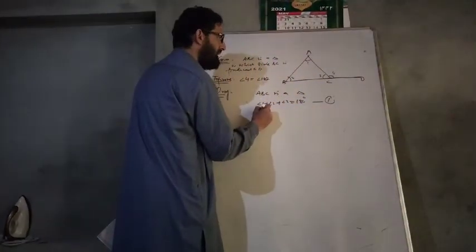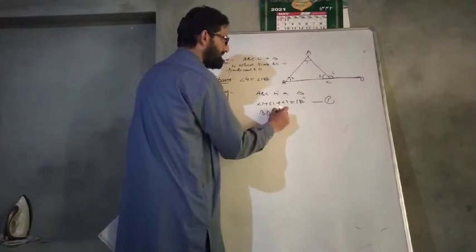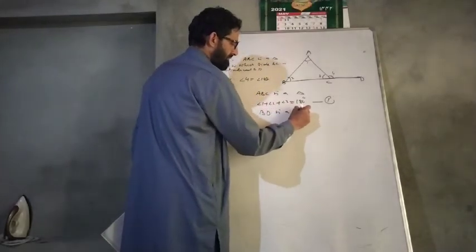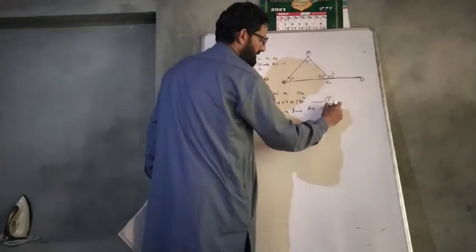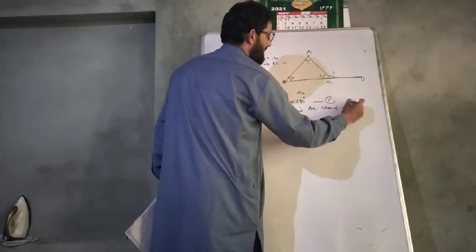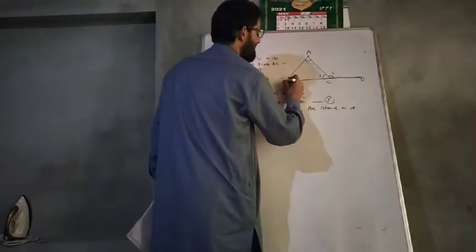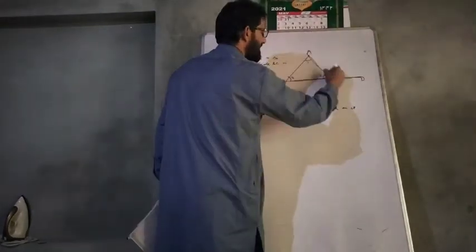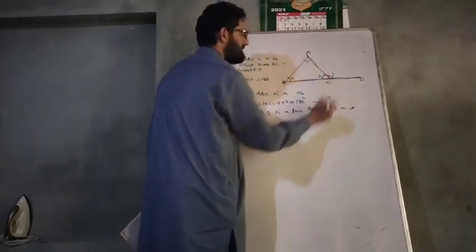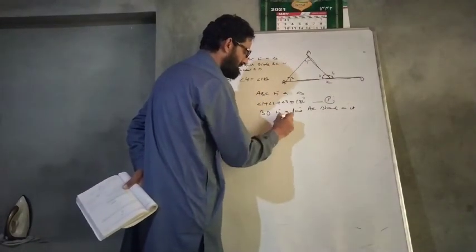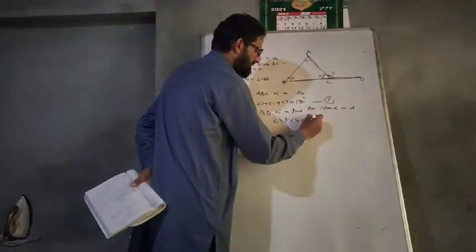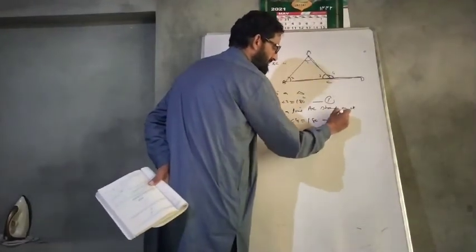Now again, BD is a line and AC stands on it. Therefore, angle 3 plus angle 4 is equal to 180. Name this equation second.